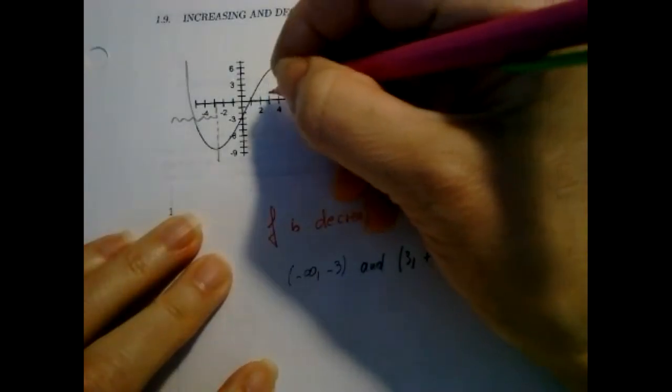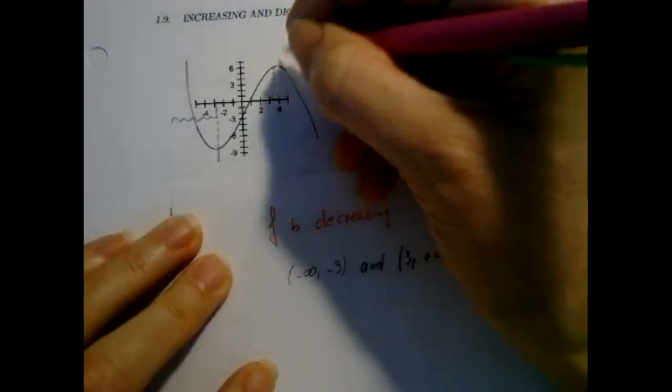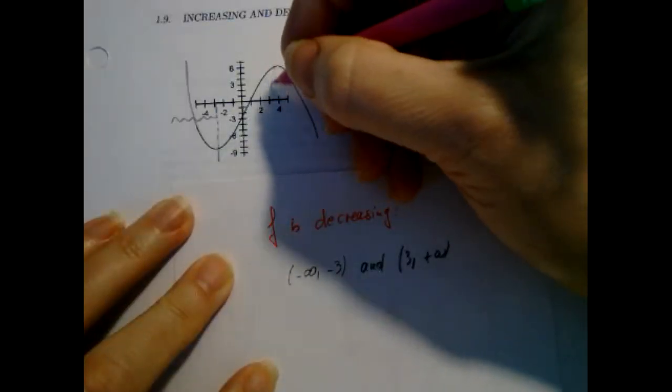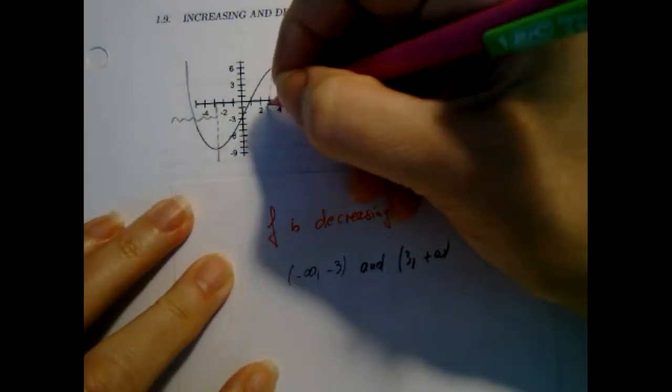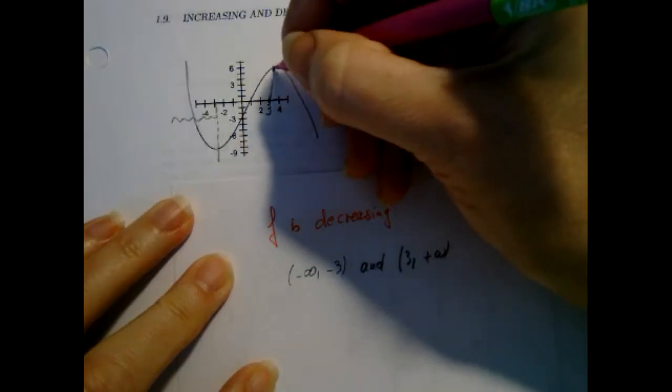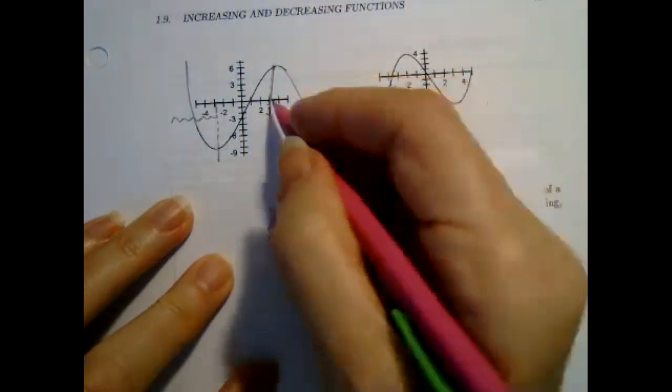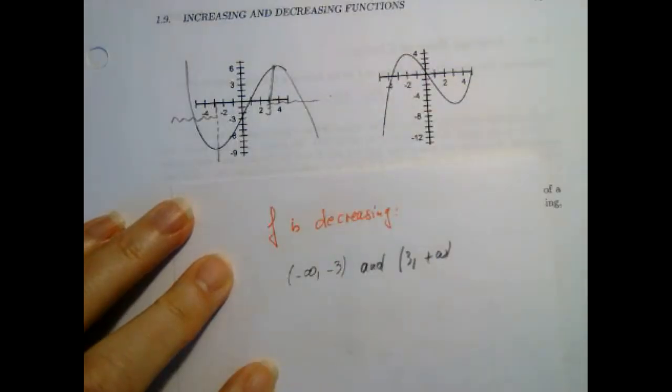This is the 3 up here, so it's not crystal clear, so we'll accept 3. Almost, if you say 4, I will accept it. Up to here, it is decreasing.